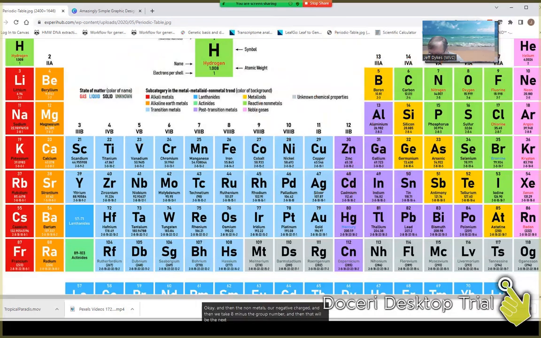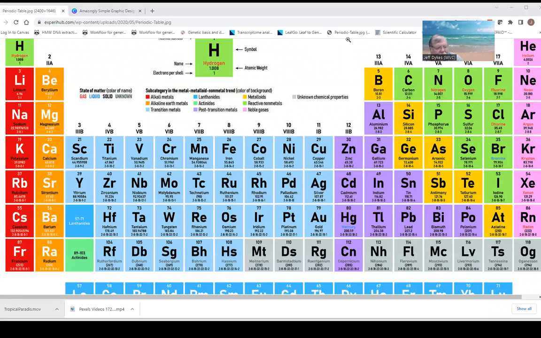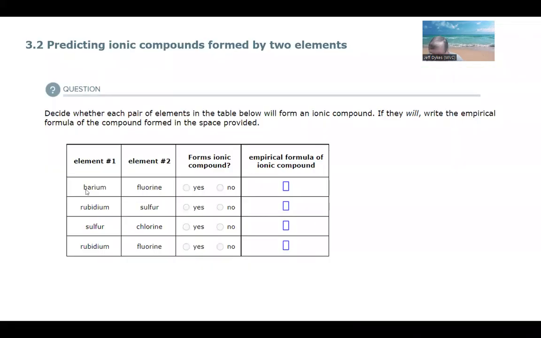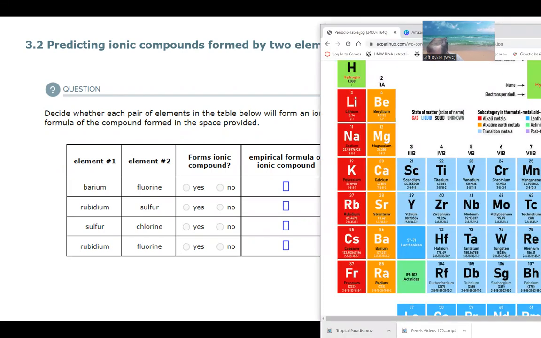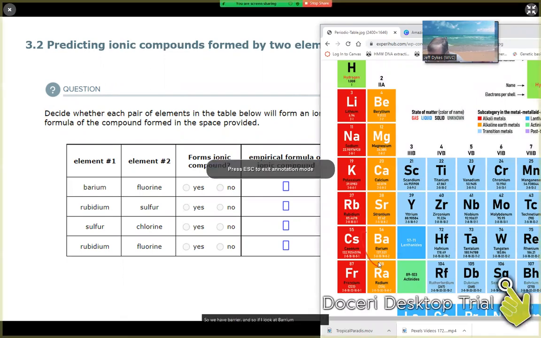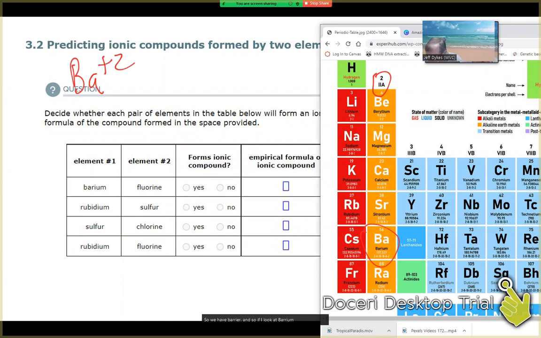So that aside, we can go back to our problems. So we have barium. If I look at barium, it's a +2 because it's in group 2A. And then fluorine is in group 7A. And so 8 minus 7 is going to be a -1 charge.